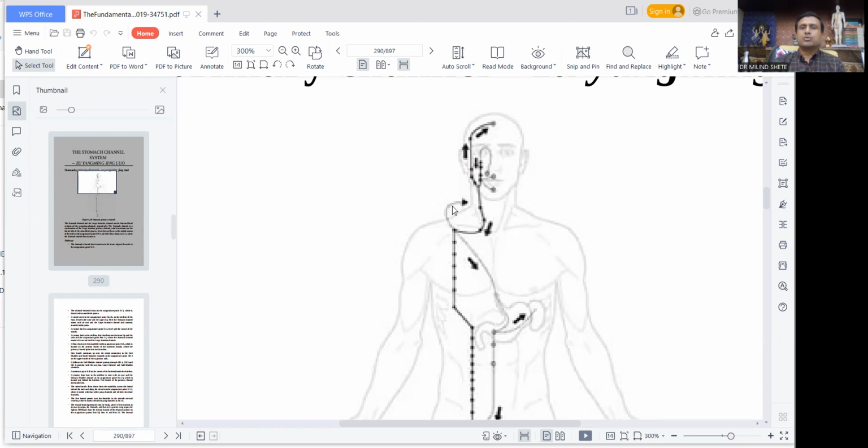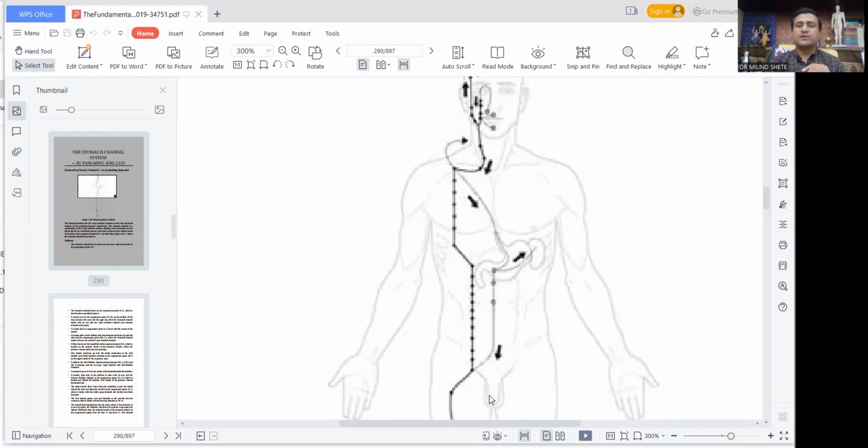One branch goes backward, crosses the shoulder, and meets the 7th cervical vertebra, where it meets the other yang channel. Then the second branch crosses the chest region and meets its fu organ, the stomach. One branch meets the zang organ, the spleen, and then it descends downwards and comes to the inguinal region at point ST30.